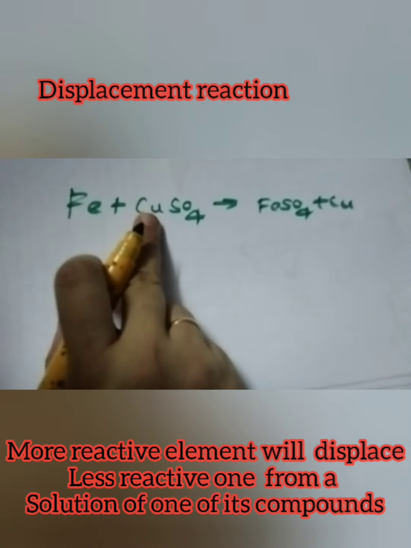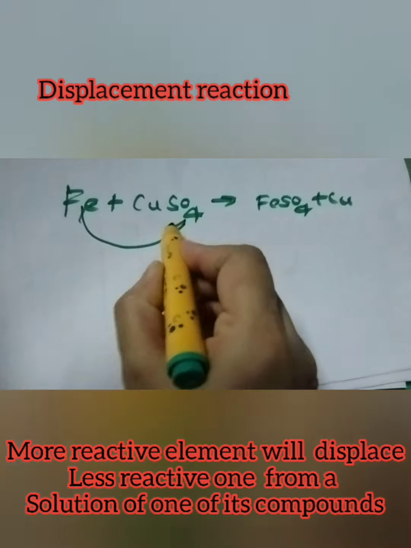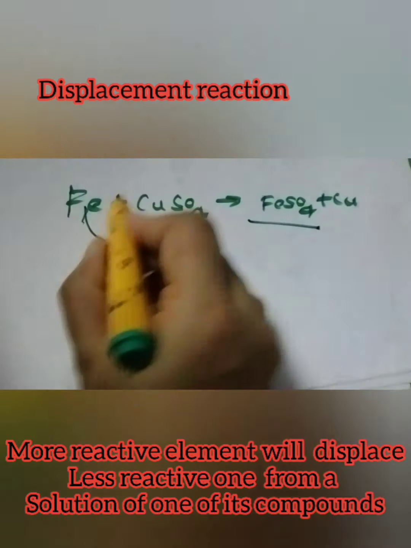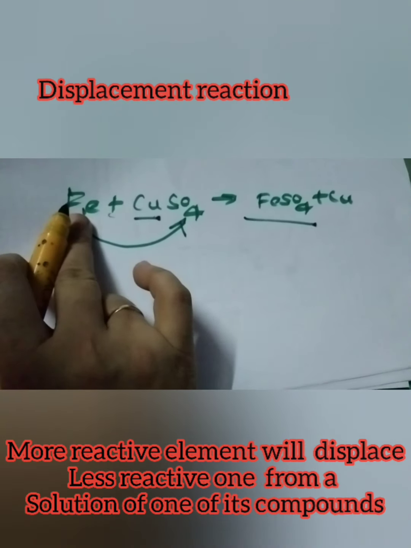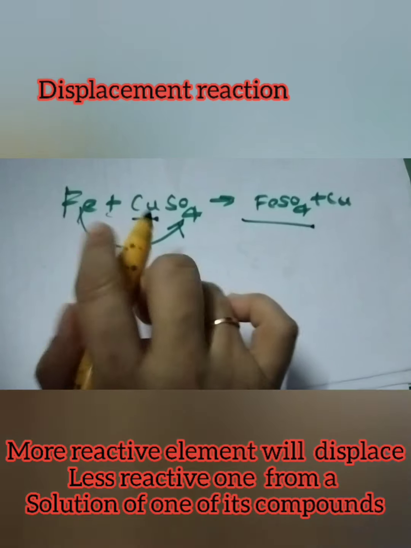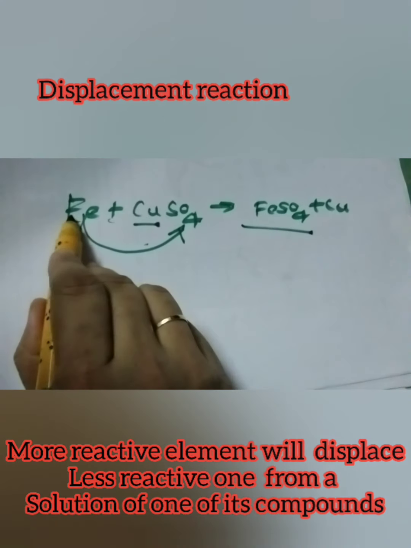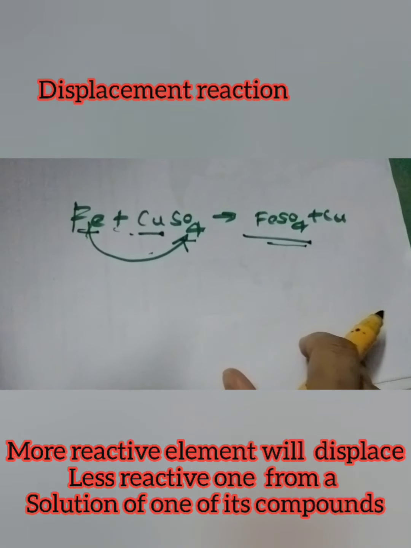Copper was initially with the sulfate, SO4. Now iron combines with the sulfate and gives you iron sulfate, and copper is left behind. The more reactive element displaces the less reactive one, which is copper, from its compound.